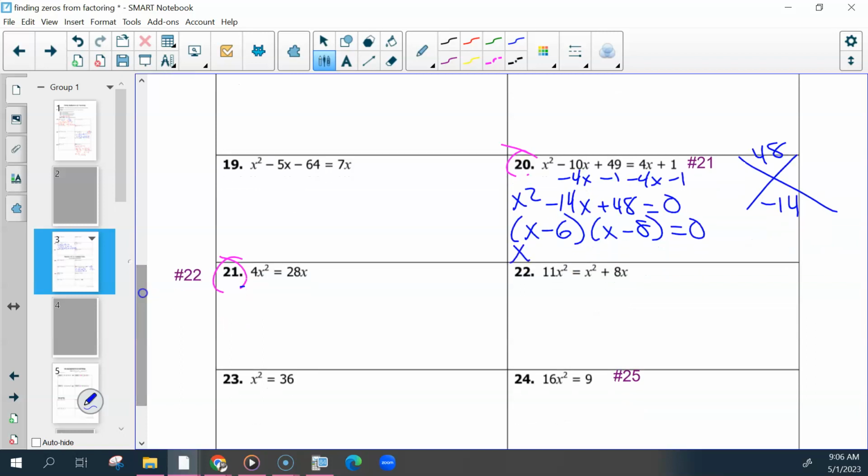So then set both equal to 0. What would your zeros be? Both positive.